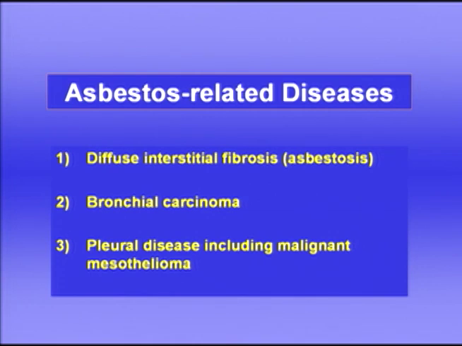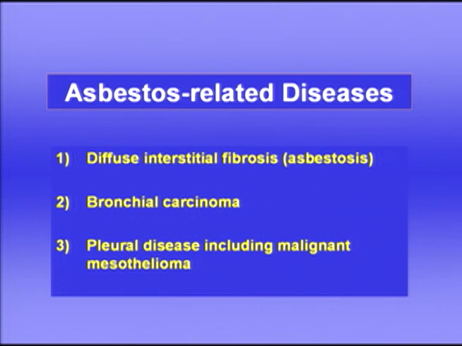The first one is diffuse interstitial fibrosis, again very like the diseases that we talked about in the session on restrictive disease. It's one of the causes of diffuse interstitial fibrosis. These patients are also more likely to develop bronchial carcinoma. I'm not going to say that much about that at the moment. We're going to talk a little bit about bronchial cancer a bit later on. And the third thing is a pleural disease, including malignant mesothelioma.